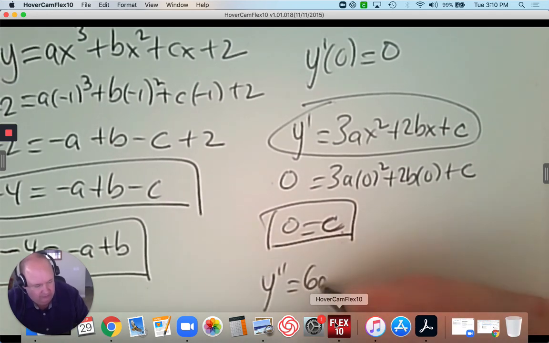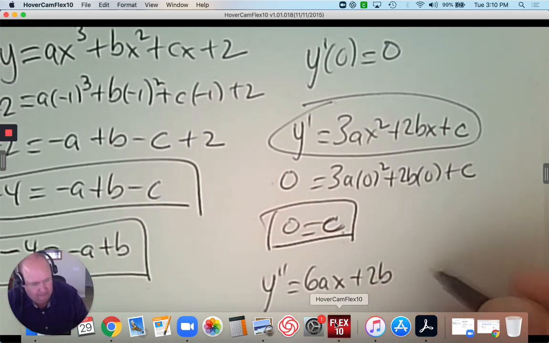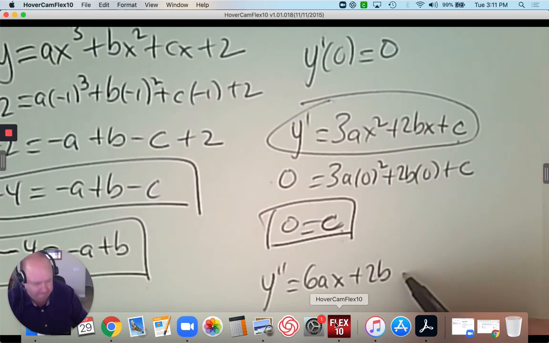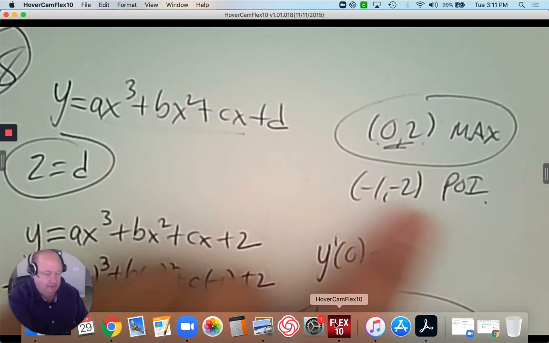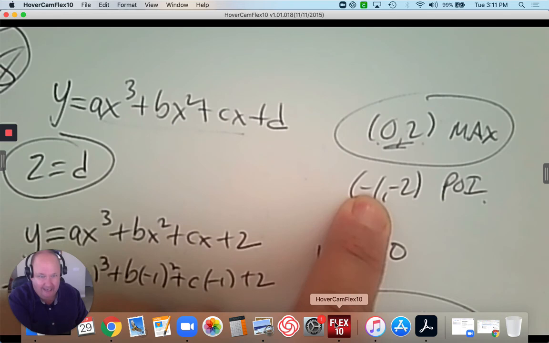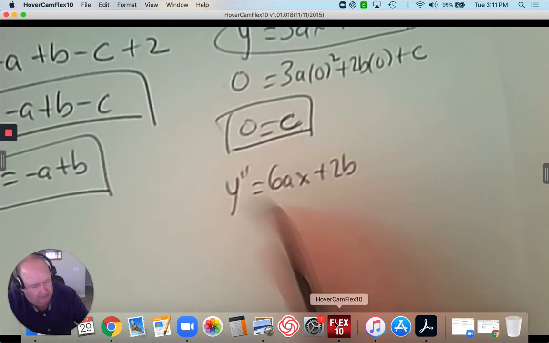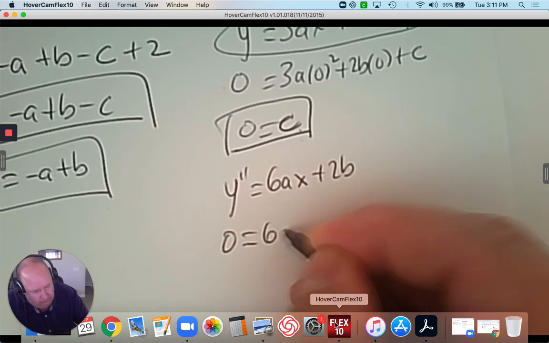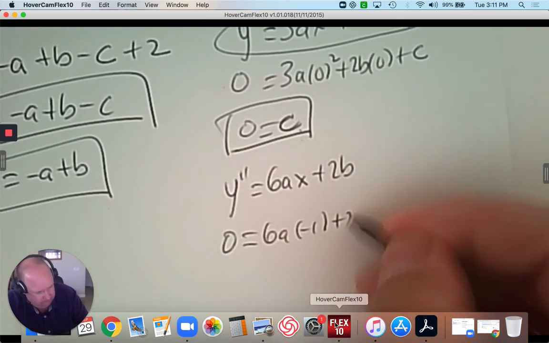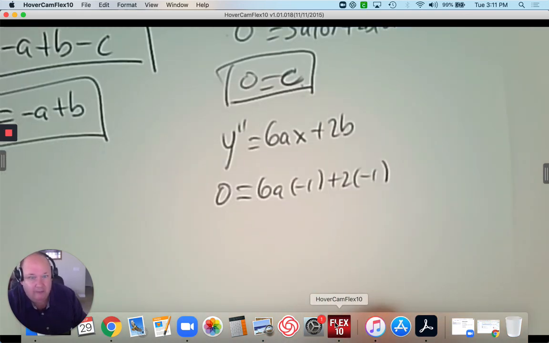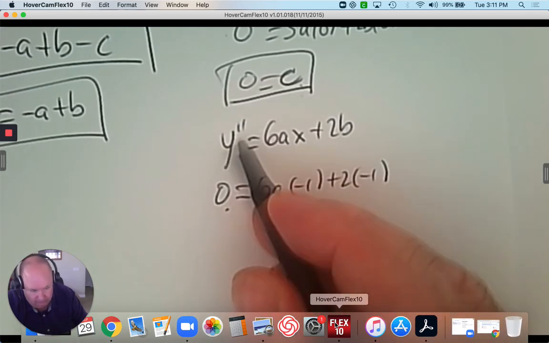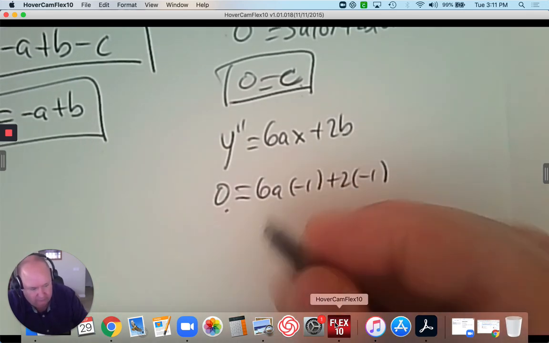So that's 6ax plus 2b, and the derivative of c is 0. And again, if this is a point of inflection, when you plug in -1, the second derivative should be 0. So I'm going to plug -1 in. The answer should be 0 for the second derivative. It's a point of inflection.